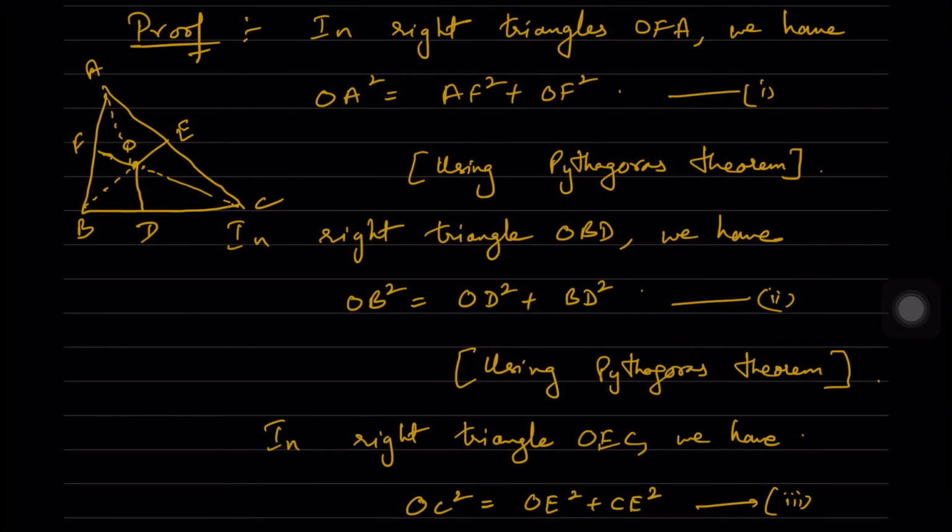In right triangle OBD, we have that OB square is equal to OD square plus BD square using Pythagoras theorem. In right triangle OEC, we have OC square is equal to OE square plus CE square.